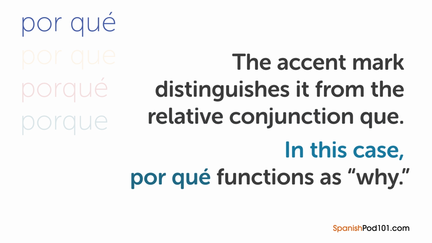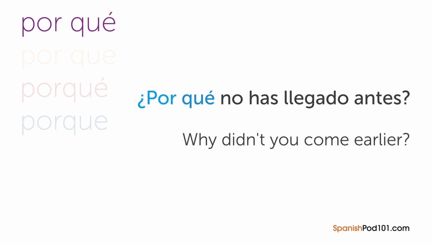In this case, ¿por qué? functions as why. For example, ¿por qué no has llegado antes? Meaning, why didn't you come earlier? Here, we are asking what the cause or reason is for why the person didn't come sooner.